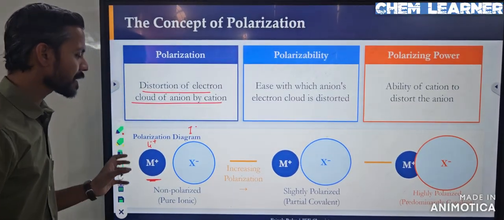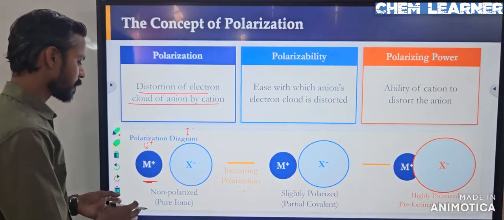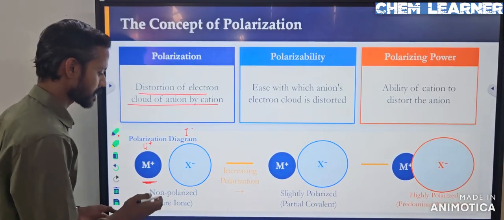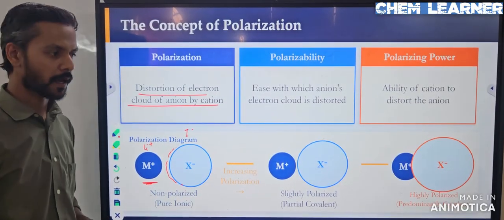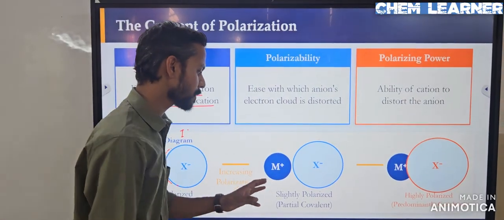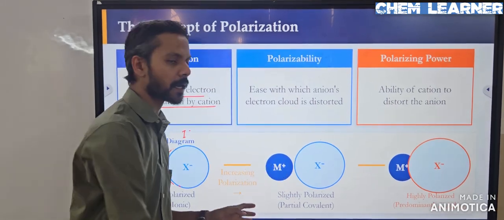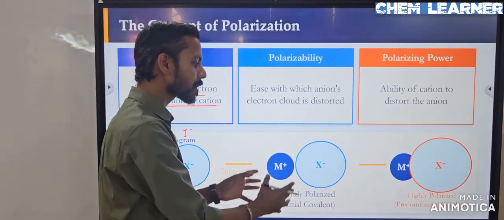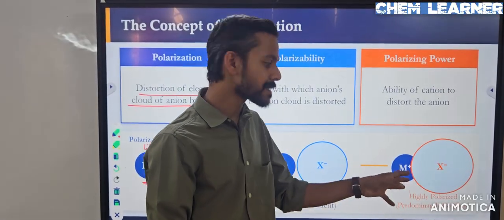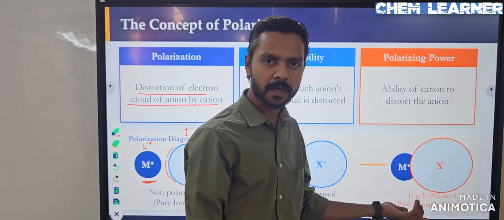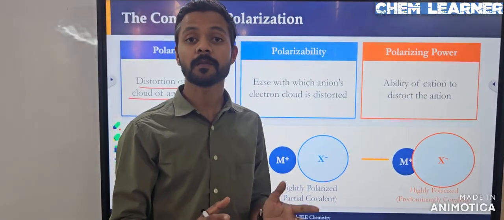The lithium ion is very small in size, so it is going to attract the electrons of the anion. When it attracts them, the electron cloud of the anion comes in close contact with the cation, and there will be overlapping of electrons, or we can say overlapping of orbitals. In that case there will be a formation of a covalent bond.